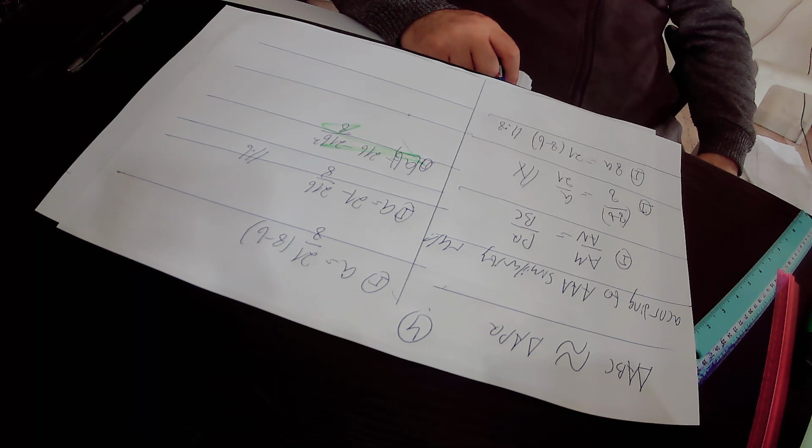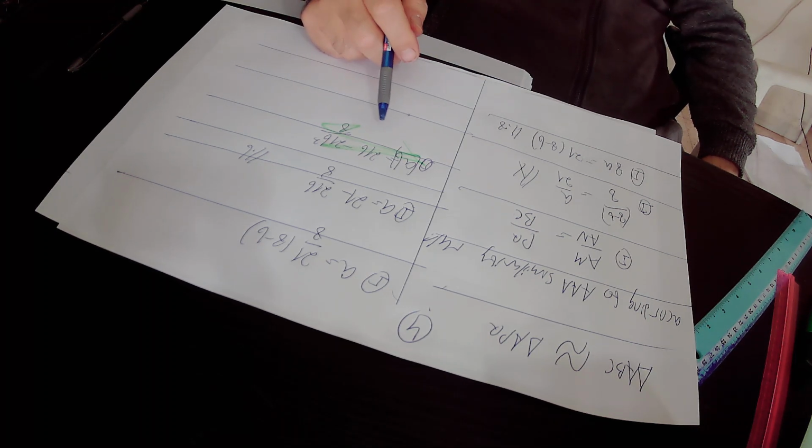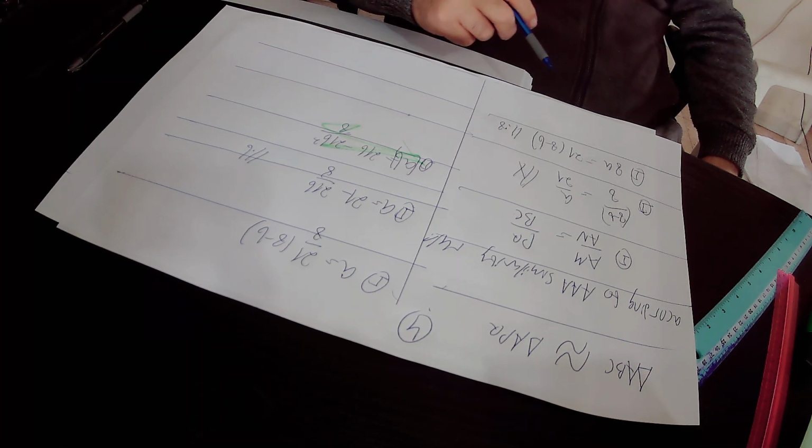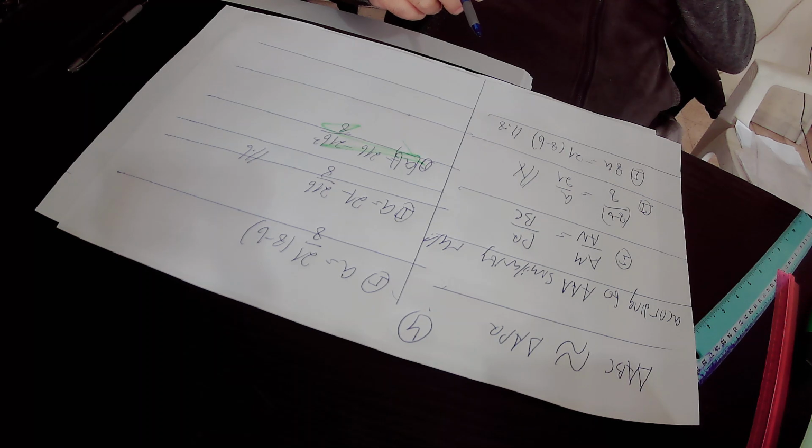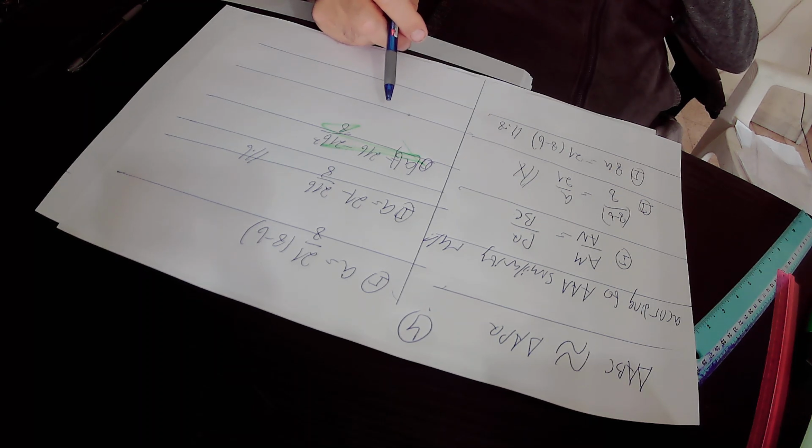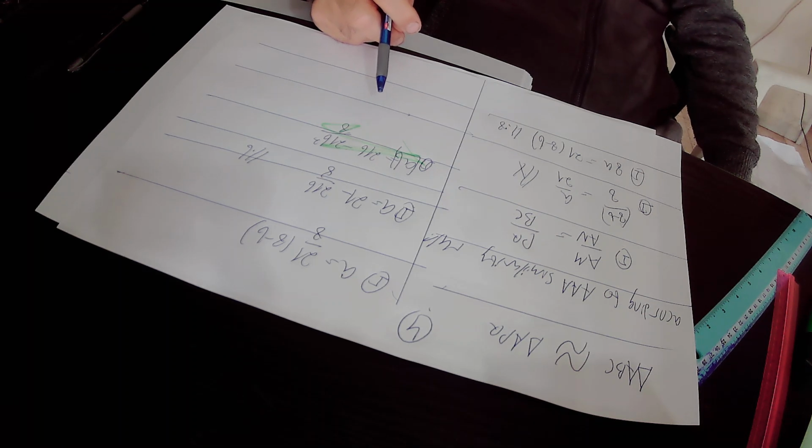Then, in order to find out whether the extreme point that we found is a maximum or a minimum, we have to draw the graph of this function area, and from the graph itself we can easily tell whether the extreme point B that we found is a maximum or minimum extreme point.